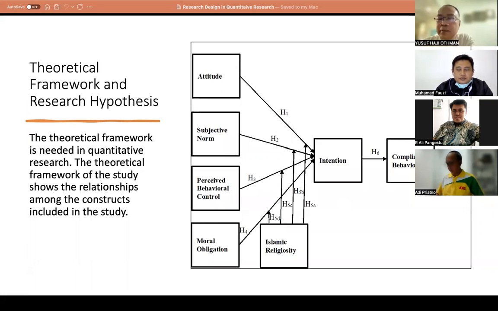May I have a question? Sure, go ahead, Bapak Adi. Actually, I'm in the middle of being confused now. Okay, you can share. If you have your framework, you can share. It's not yet, because I'm still confused.